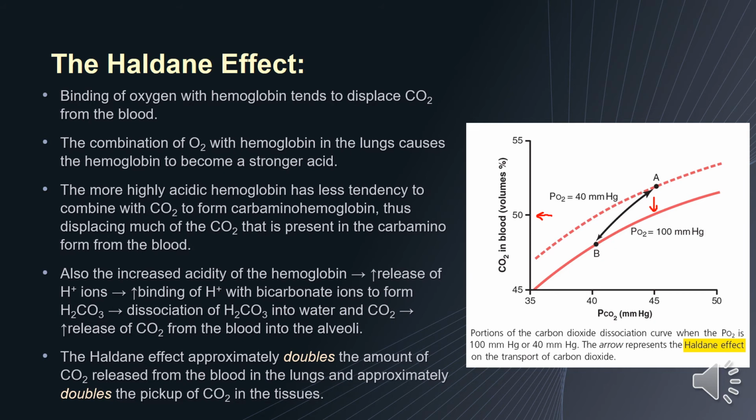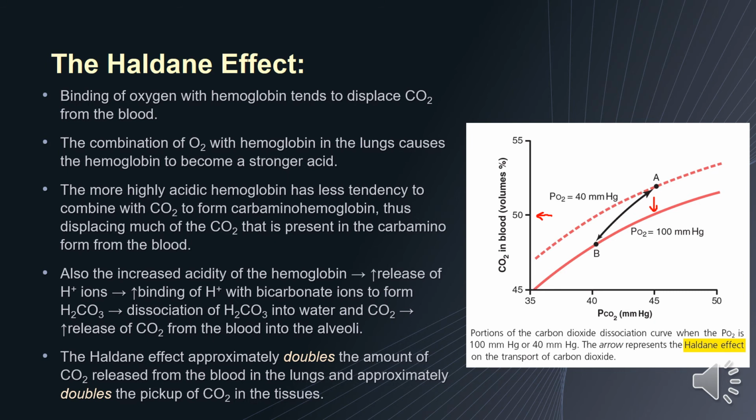In this graph, we see a portion of the carbon dioxide dissociation curve. The red solid line is the carbon dioxide dissociation curve of the arterial blood, and the dotted line is the carbon dioxide dissociation curve of the venous blood.